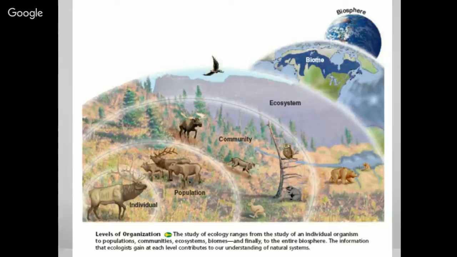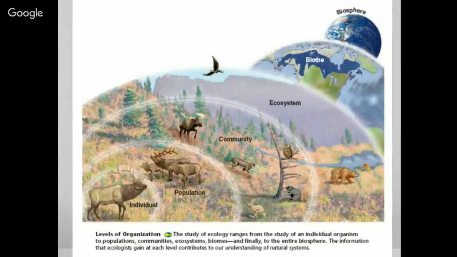So here are the levels of organization for an ecosystem. If you remember from earlier in biology, the levels of organization are how everything that we study in science, we can study from a very small level. And then as we look at more and more of that organism, we see that each stage is organized.